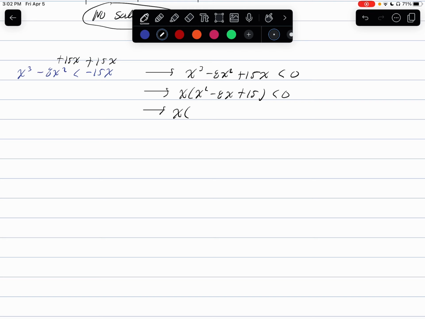I'm thinking -5 and -3 should do the trick. So -5 times -3 gives us positive 15, and -5 plus -3 gives us -8. So we have x times x minus 5 times x minus 3 is less than 0.